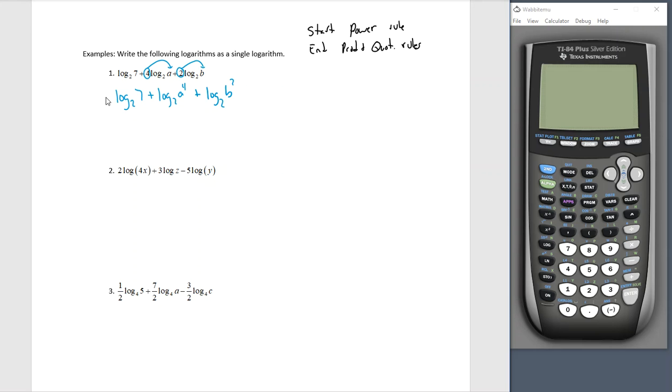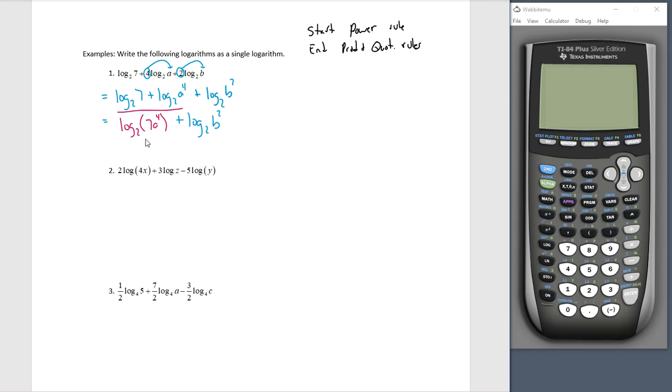All right, so first we use the power rule. Next, we're going to combine 2 at a time. So I'm going to combine these 2. Addition turns into multiplication, right? That's log base 2 of 7a to the 4th plus log base 2 of b squared.